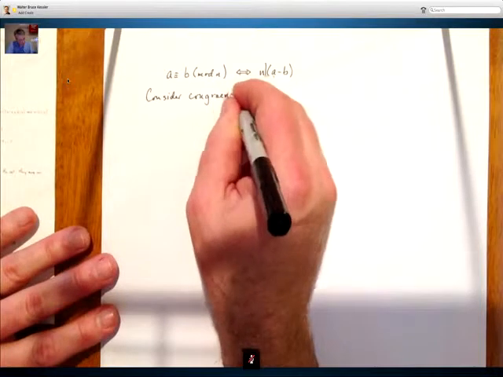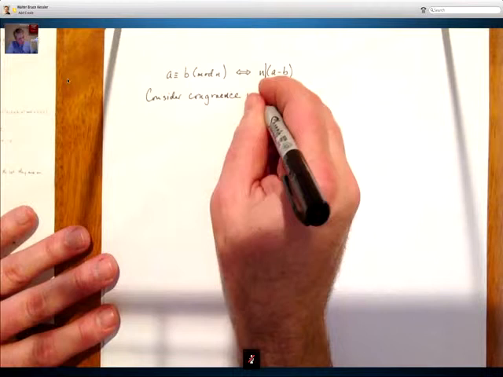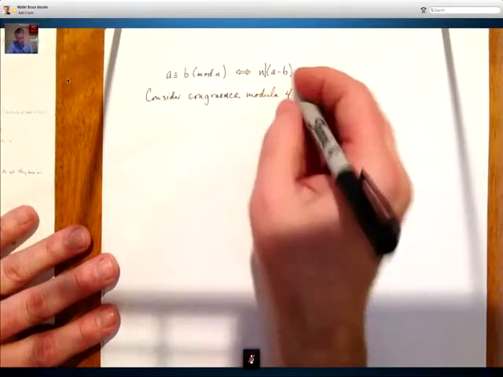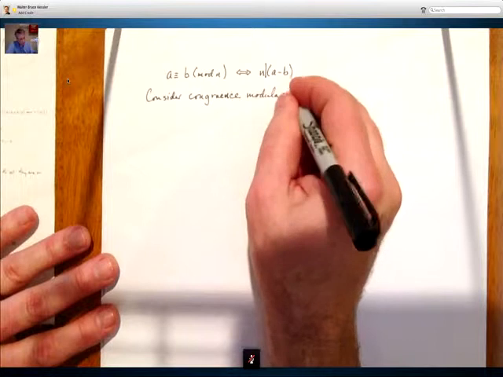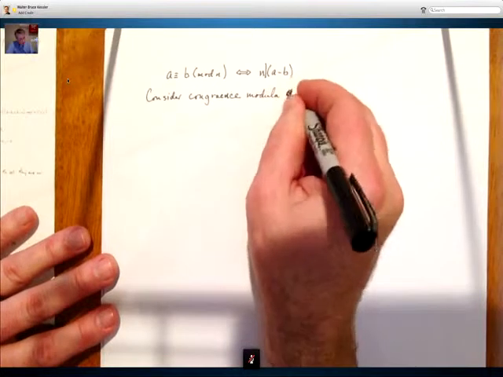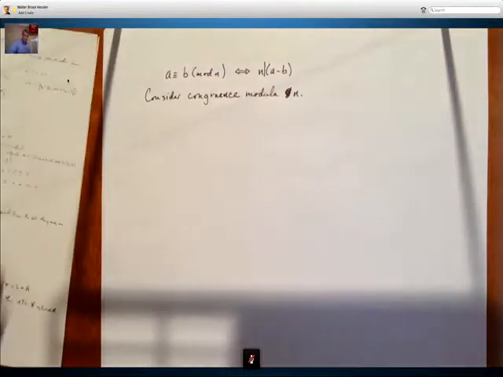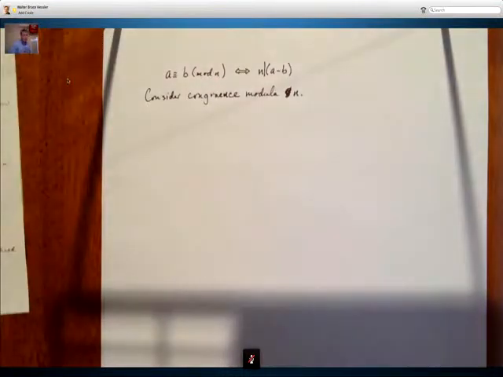Okay, it doesn't look right. That's an N, that's why it's C. Congruence modulo 4. Oh, wait, I don't even want to... let's stick with n for just a second. Okay, all right. So let's just kind of show that anything of that form is an equivalence relation.